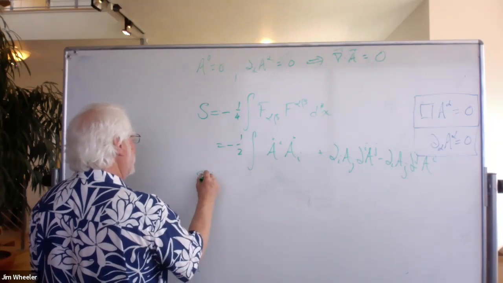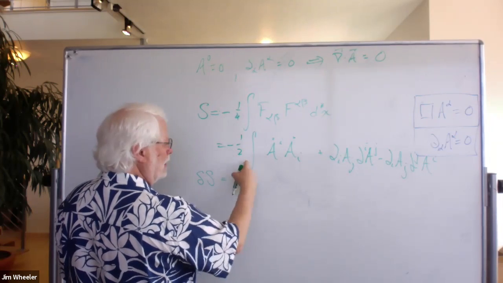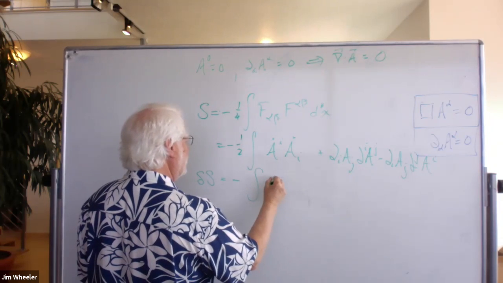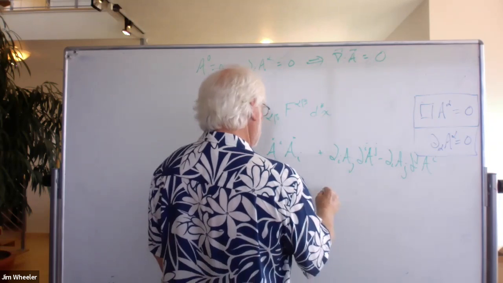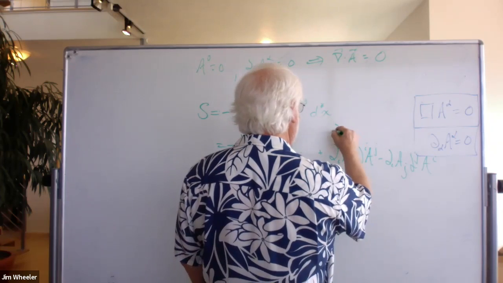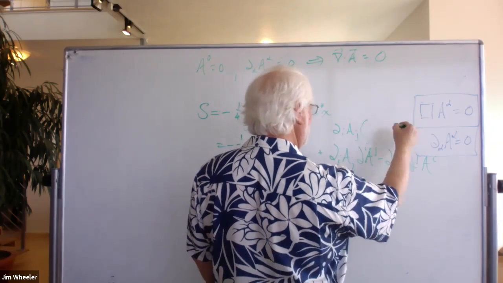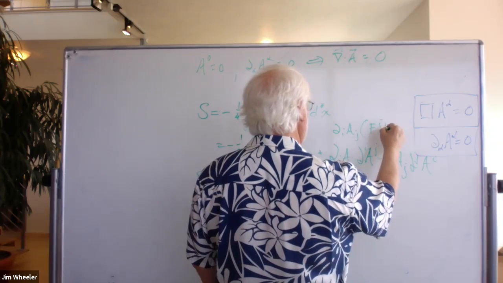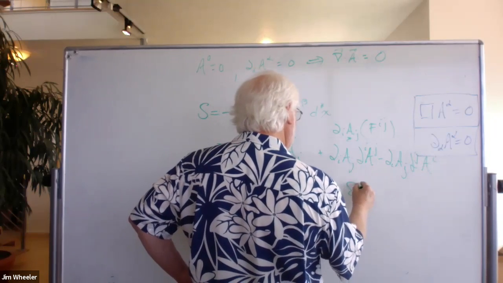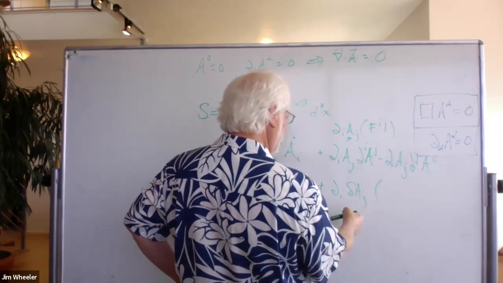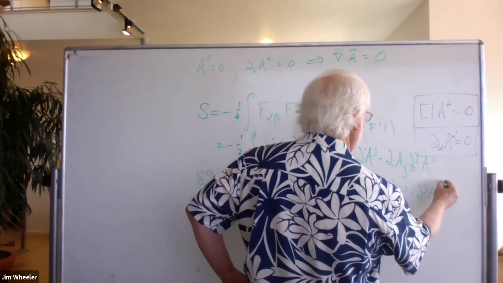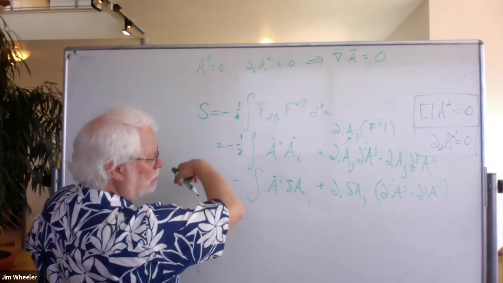Okay, so let me vary the action. It's going to give us 2 of everything. So we have A_i dot del A_i, then here plus, I can think of this as d_i A_j with F_ij. It's symmetric, but I can write it as d_i del A_j with the rest of this and a factor of 2: d_i A_j minus d_j A_i. Now I get rid of the minus when I integrate by parts.